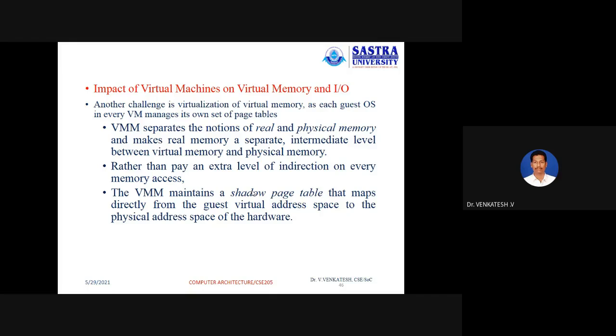For that we are going to have something called a shadow page table. What is a shadow page table? It is similar to your translation lookaside buffer. Whatever is frequently required is mapped immediately through the shadow page table in order to complete the process. These are the impacts of virtual machines on virtual memory and I/O.